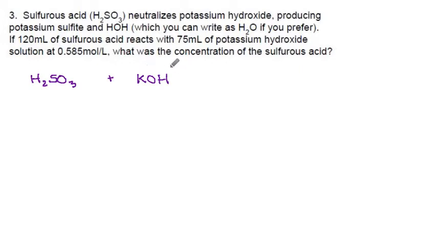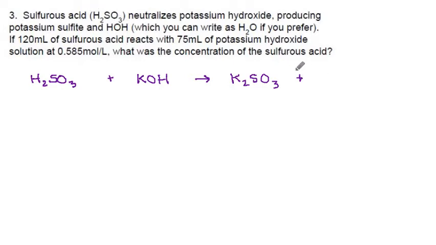Potassium's +1, hydroxide's -1, and that produces potassium sulfite, K2SO3. I'm kind of gliding over producing the compounds because you've had a ton of practice. I hope that's okay. If it isn't, your instructor is right there. They will be happy to go over this with you.